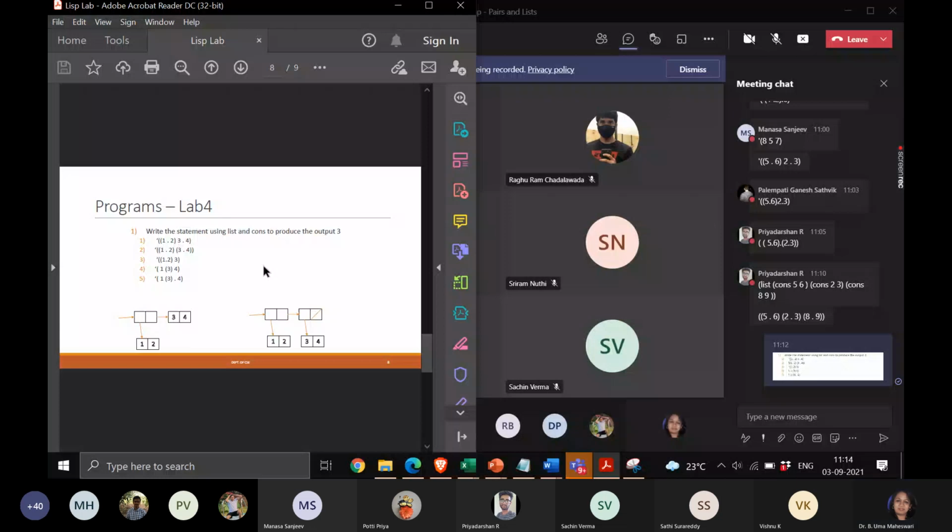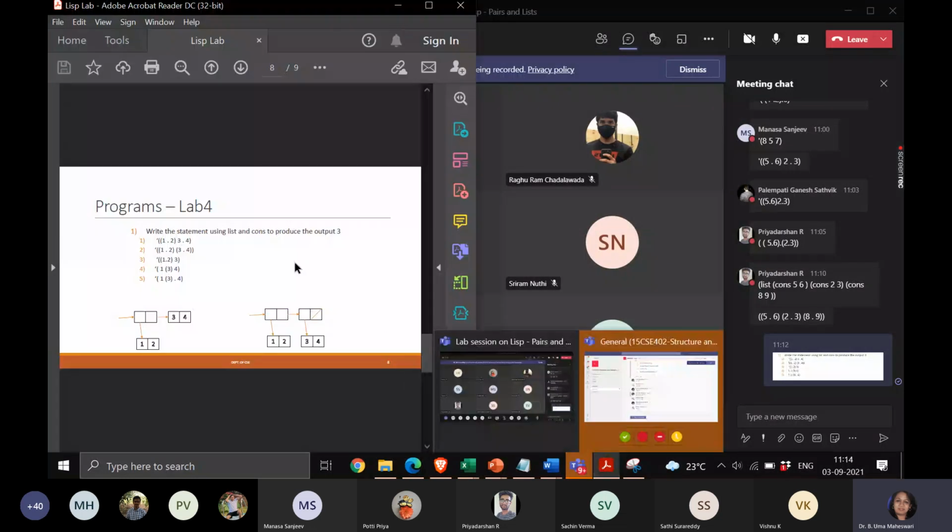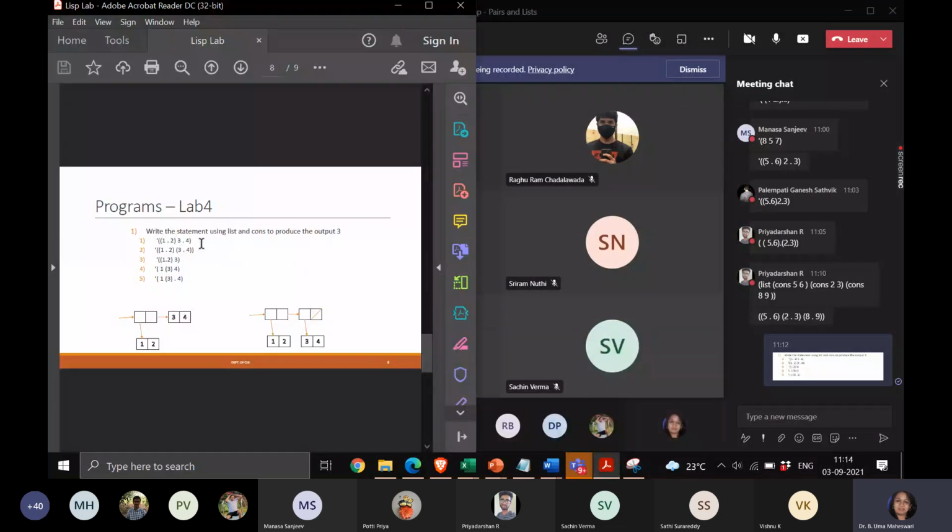Students, you can see, right? The first output is bracket inside 1.2, then 3.4. By seeing this, what are you understanding? We have already got this kind of output for some combinations.